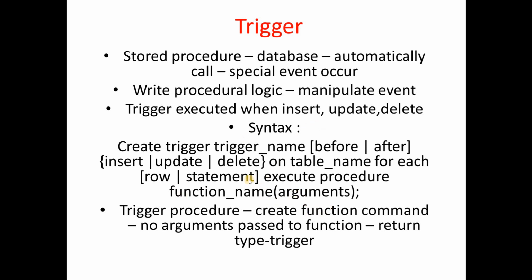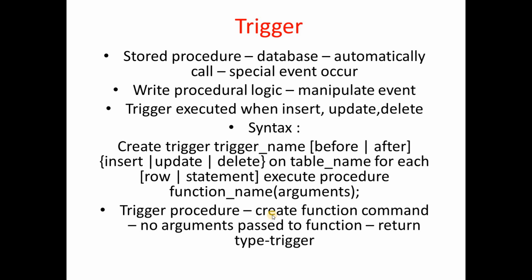So triggers fire whenever an insert, update, or delete query happens on your table. You have to provide that table name to call that particular trigger for the insert, update, or delete operation. And you have to specify before or after, that is, before inserting, updating, or deleting any data, or after. Then, for each row, the trigger checks every row, or only once the trigger is applied.